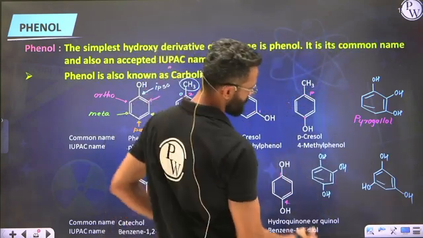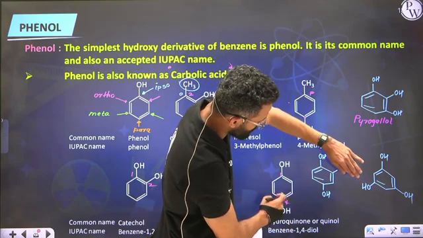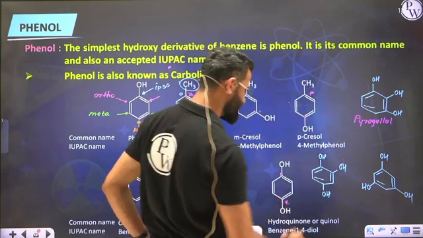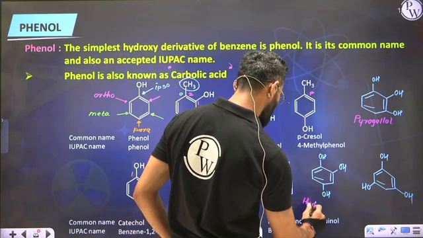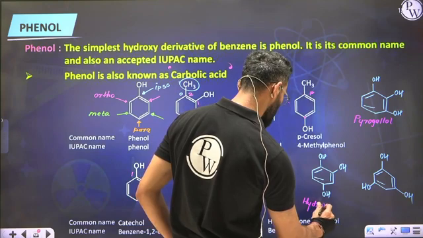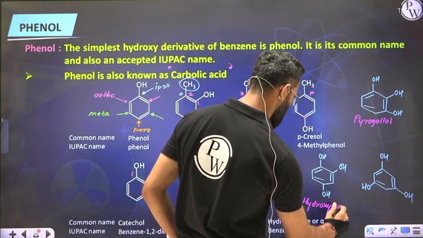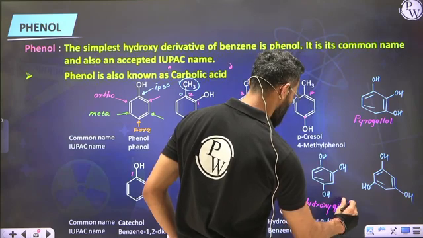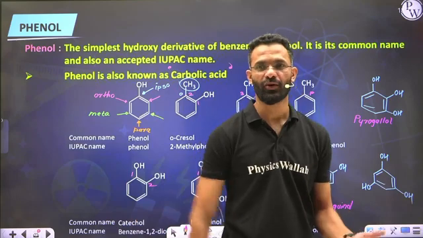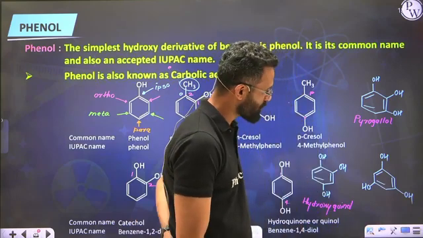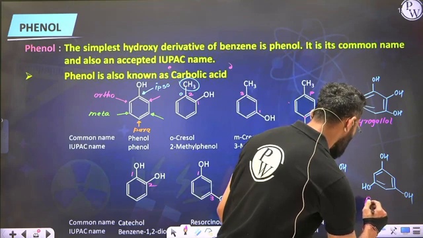Here, if I hide this hydroxy, the remaining structure is nothing but quinol. So in quinol, there is an additional hydroxy, so you can call it hydroxyquinol. And here, when the three OHs are alternate to each other, we call this phloroglucinol.